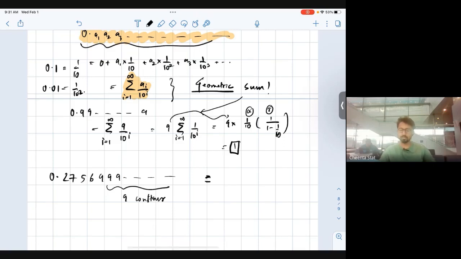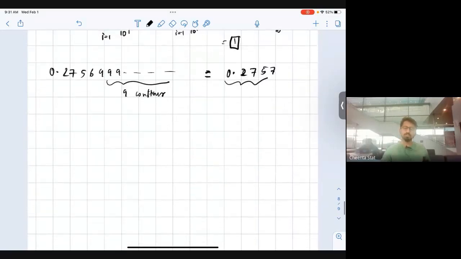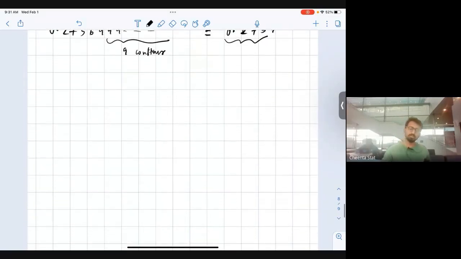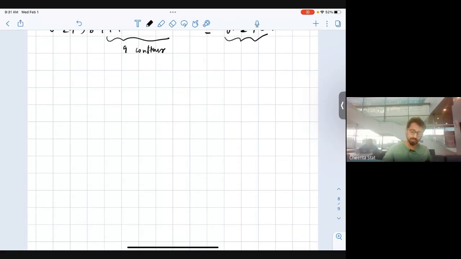Can someone tell me what this number will be? Very good, Anant. It's 0.2757, the 699 continuing becomes 57. Very good. So essentially, every number has two representations, so there is no unique representation as of now in the decimal system.